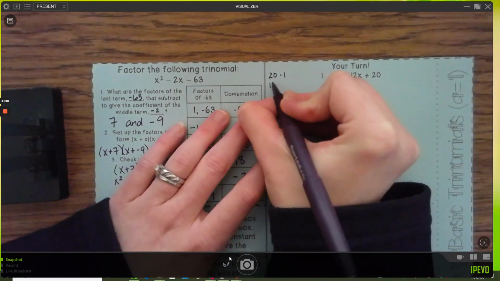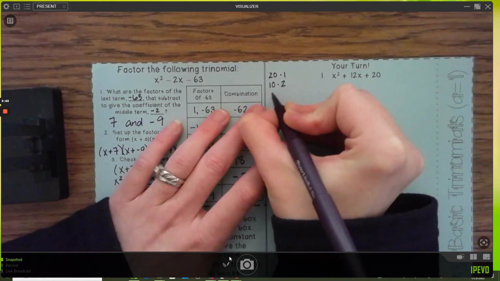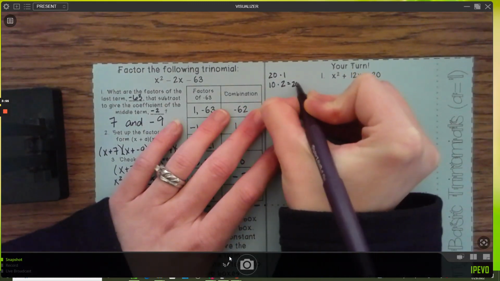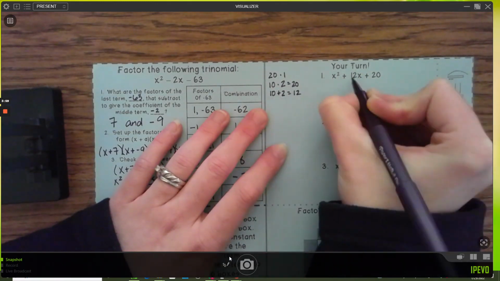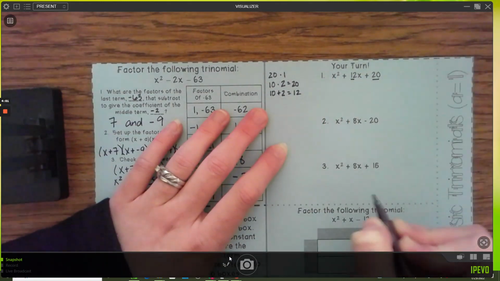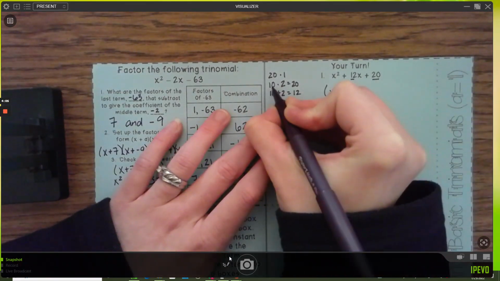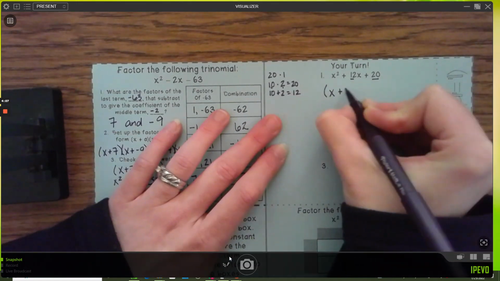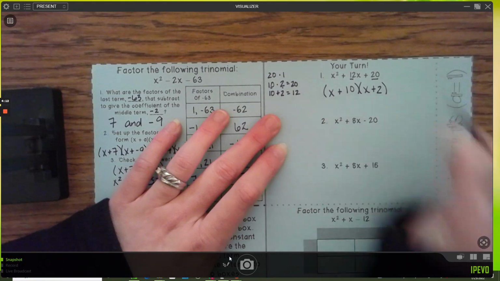We could do 10 times 2, which gives me 20, and 10 plus 2 gives me 12. Those are the two numbers I'm looking for. So here are my two factors: x plus 10 and x plus 2.